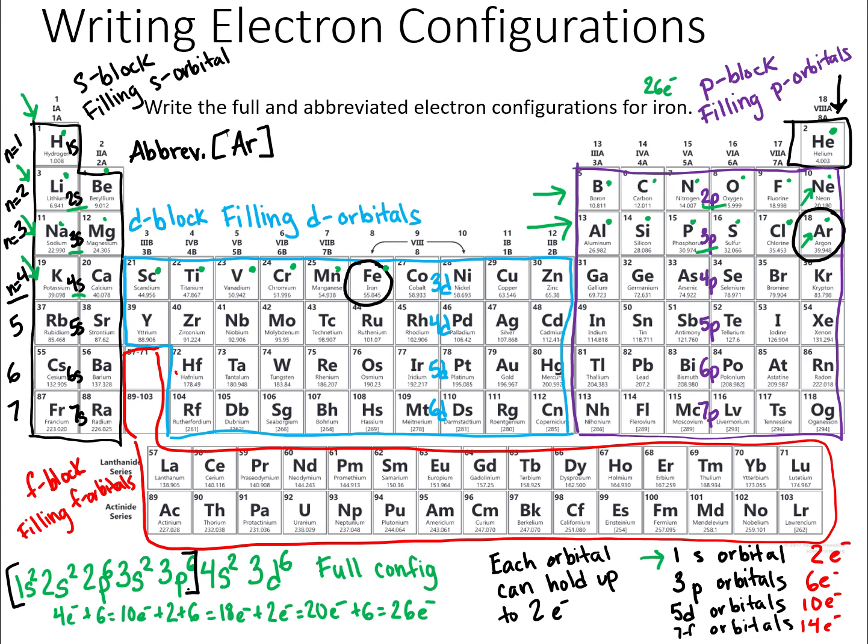Then you have to fill the gap between argon and iron. So you write out everything that's in n equals 4 until you get to iron. That's 4s2 and 3d6.